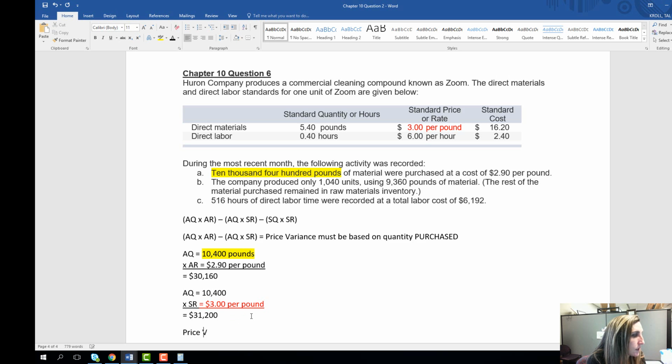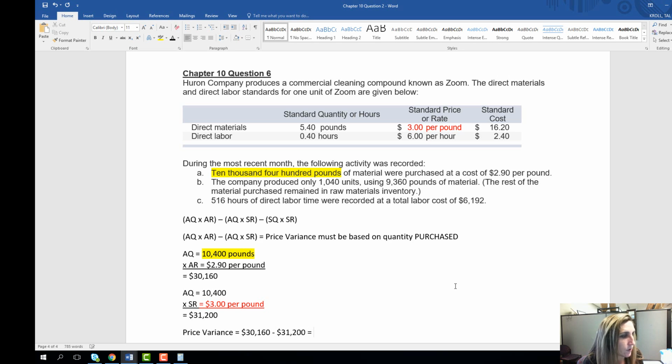So our price variance will say my actual purchase was 30,160. My standard, what I should have paid for that amount of pounds, was 31,200.